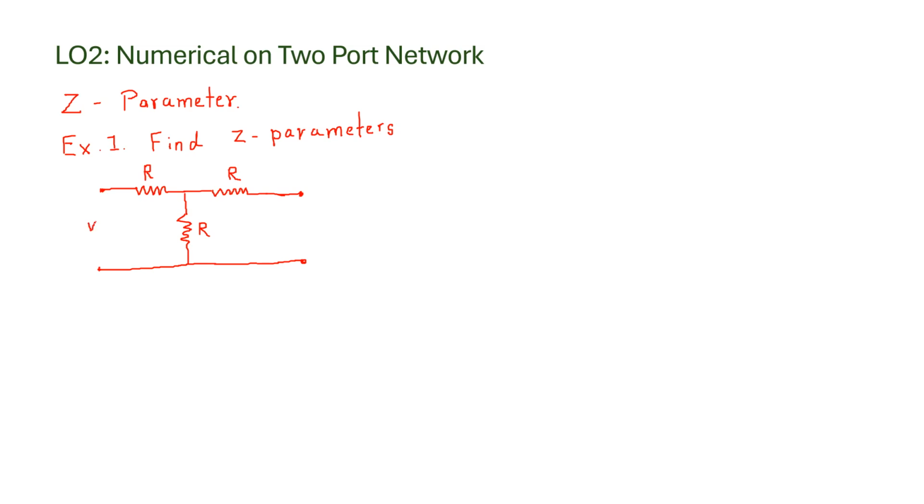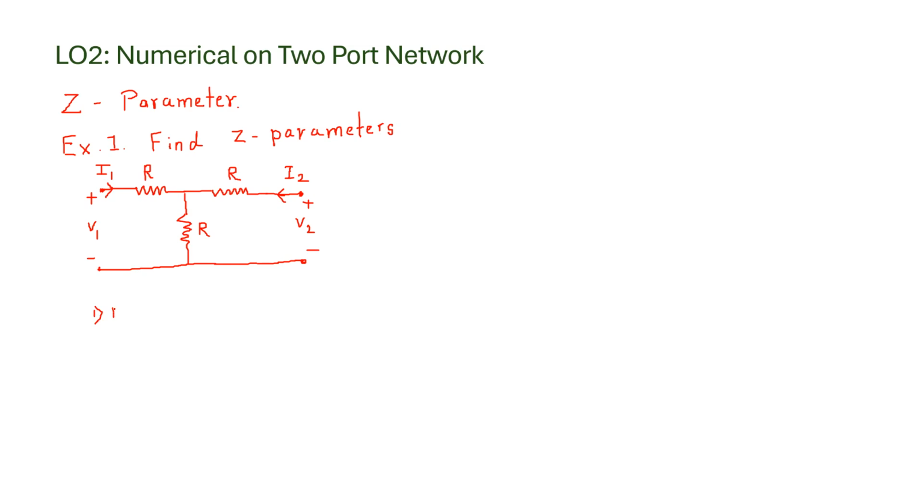Now let us have input voltage V1. I1 is the input port current. I2 is the output port current, and V2 is the output voltage. Okay. Now how can we find Z parameters? There are many ways.